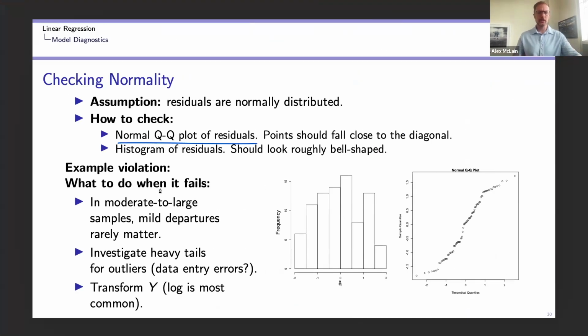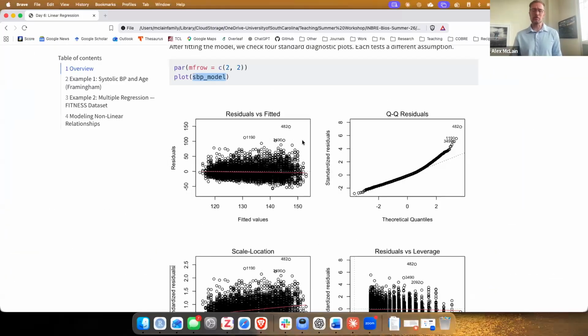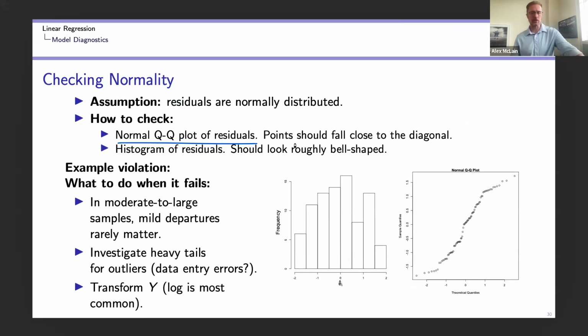We definitely have a large sample here. Mild departures are really not going to matter, I would put this under that case. I would say this is larger than a mild difference. So maybe I would try fitting a different model, but because we have such a large sample size, it's not going to matter quite as much.